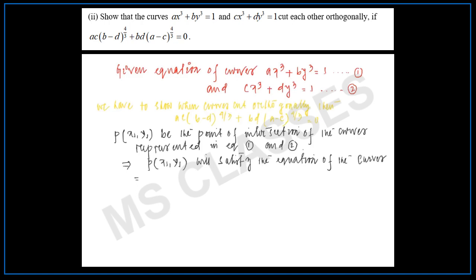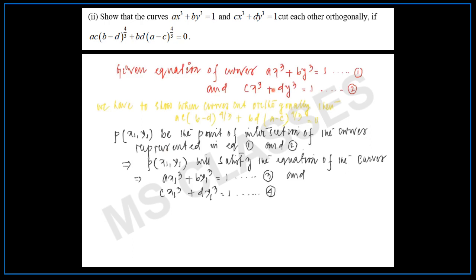This implies a x1 cube plus b y1 cube equal to 1, which we mark as equation 3, and c x1 cube plus d y1 cube equal to 1, which we mark as equation 4. Now, this part is done. Next, they cut orthogonally, which means the product of the slopes at that point of intersection should be minus 1.